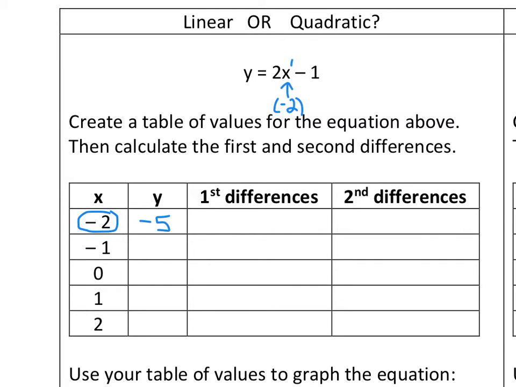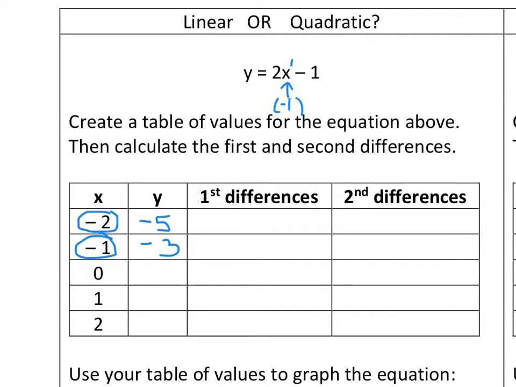So that's my y. Now we're going to move on and do -1. So now instead of a -2, we're going to replace x with a -1. 2 times -1 is -2 minus 1 is -3.